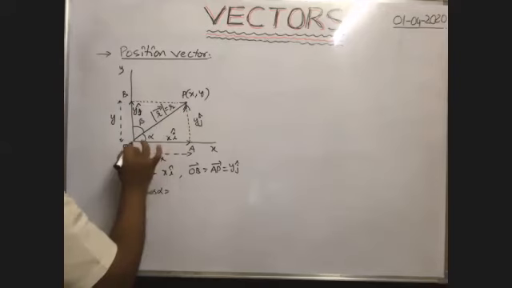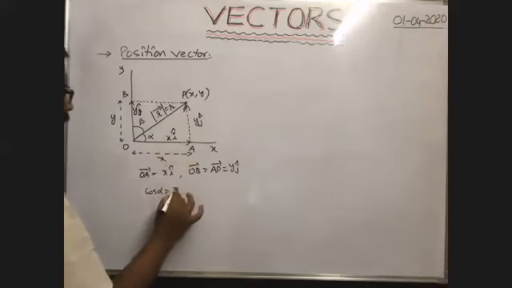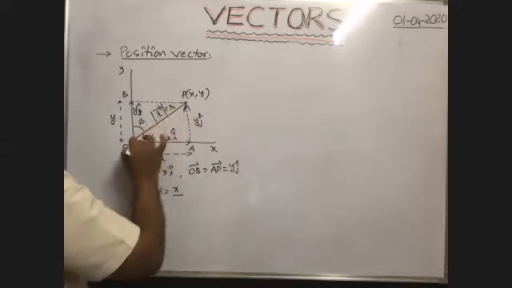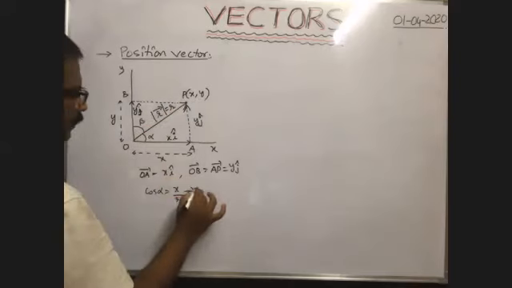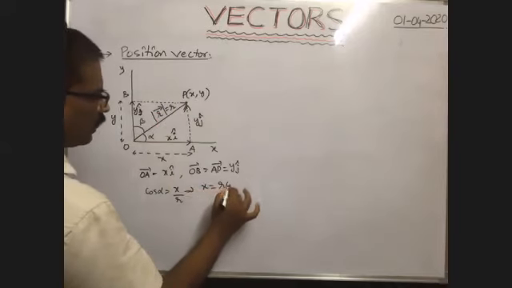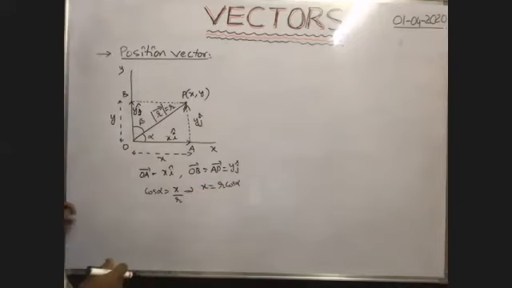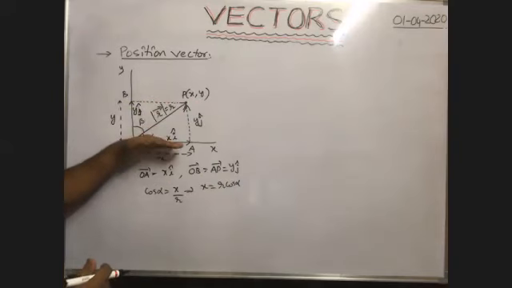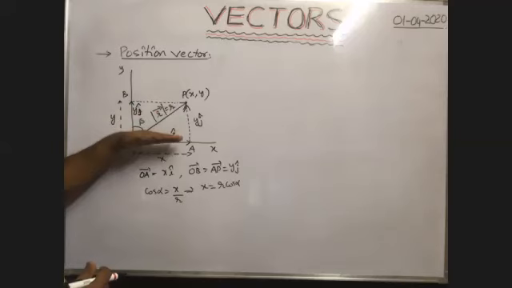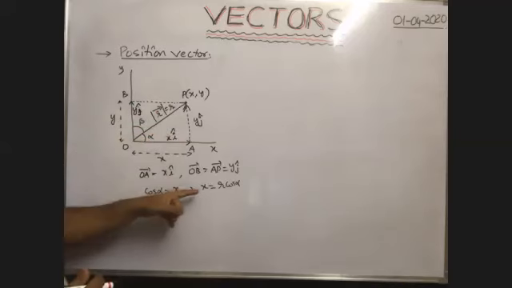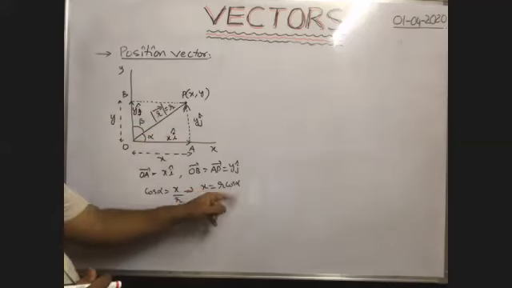Cos alpha is equal to adjacent, meaning x, by hypotenuse, meaning the length of this position vector, which is r. That's why x is equal to r cos alpha. So the x component of this vector is equal to the magnitude of this vector into the cosine of the angle made by this vector with the x-axis, alpha. Therefore, x is equal to r cos alpha.